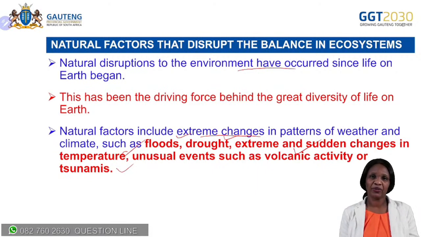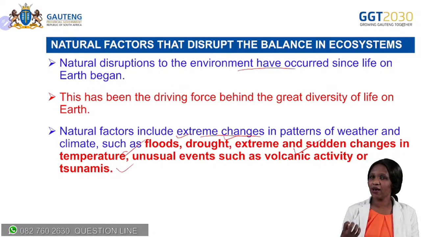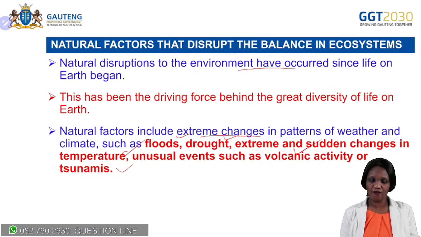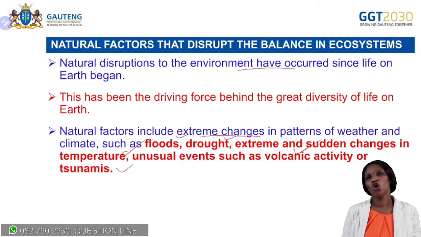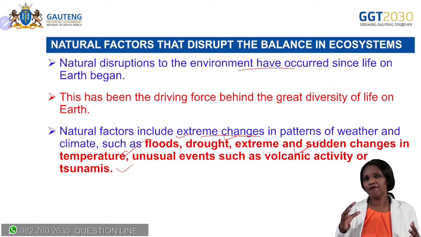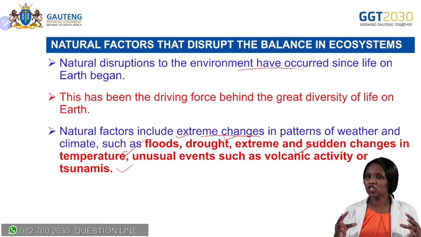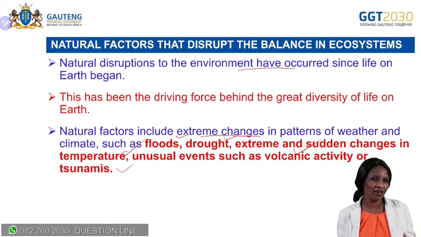All right. If we're talking about natural factors, they include extreme changes in weather patterns, even on climatic patterns. We've got floods. Now we are having a lot of floods, even flash floods. It is because of how we treat the earth.